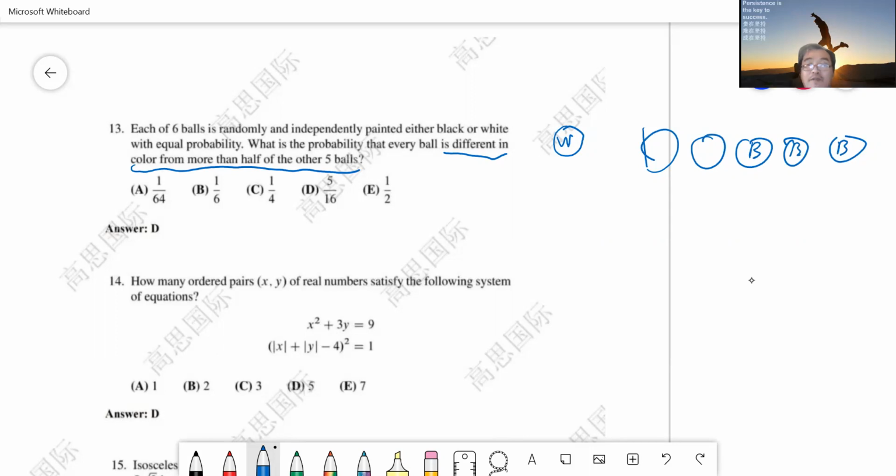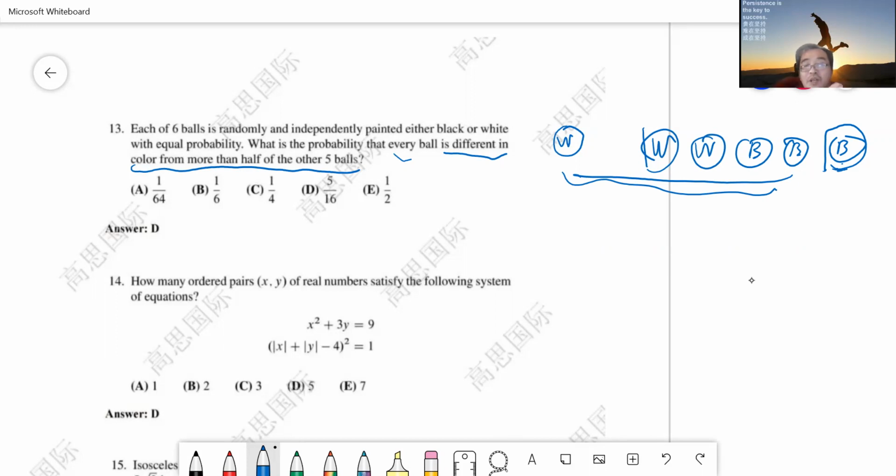But if we choose one ball as black, then we have these left, right? So this also differs from more than half of these 5. That means these 2 must be white, right? Actually, this is the same meaning: we have 3 white and 3 black.